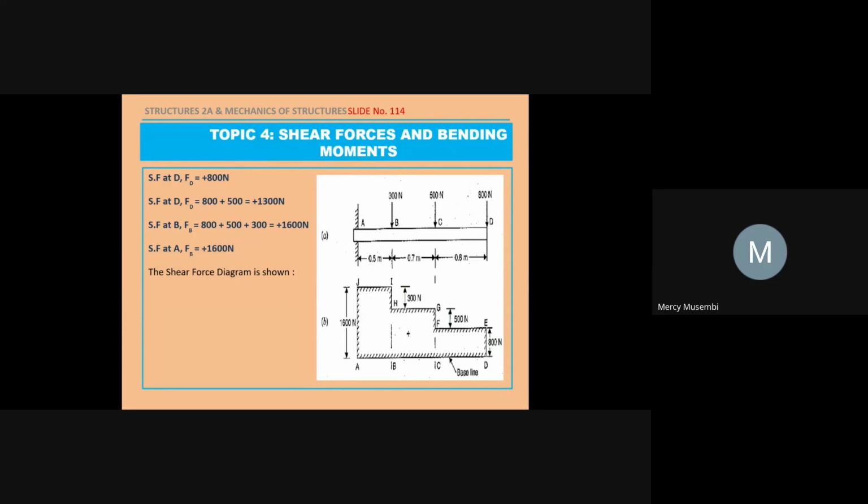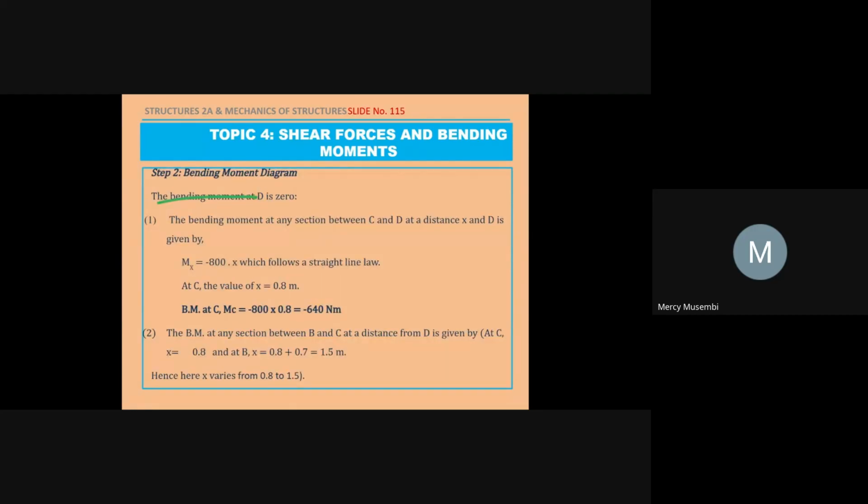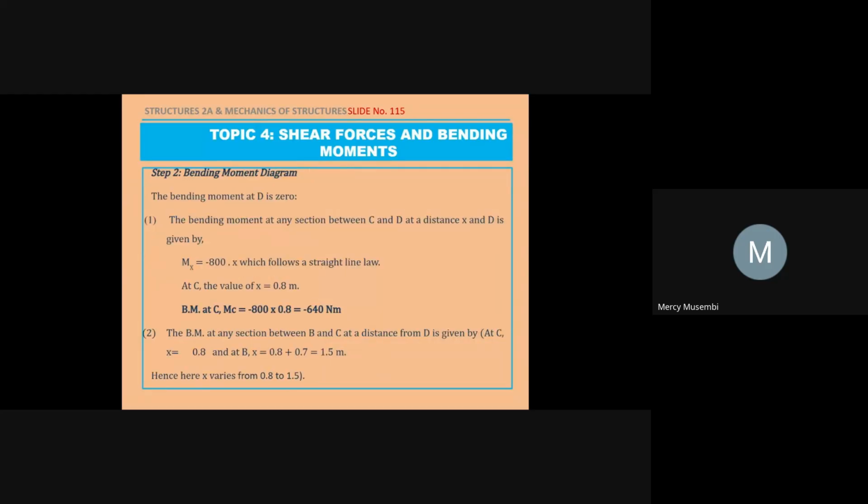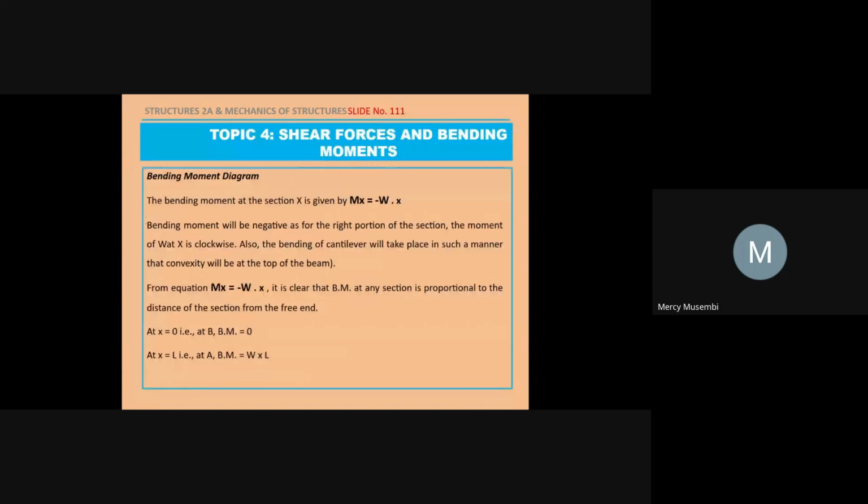The bending moment at D is 0. The bending moment at this point is 0. The bending moment at any section between C and D, at a distance x from D, is given by, you remember the formula, Mx equals negative Wx.